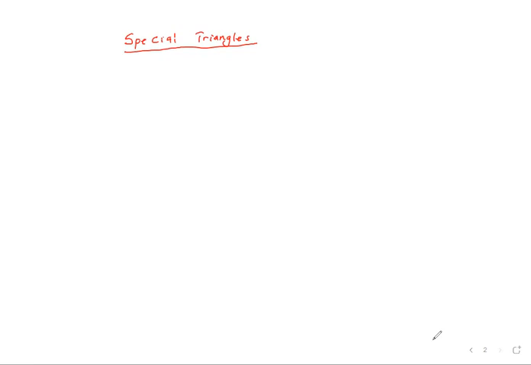Special triangles. One is here with this as 45, that as 45. This means that this one is going to be 90, and then 1, 1.